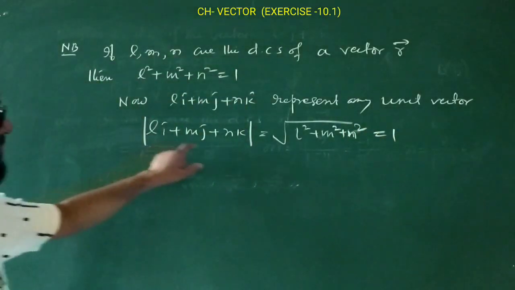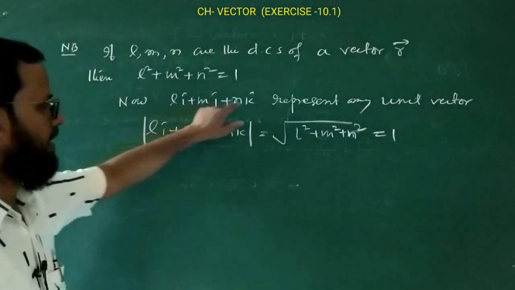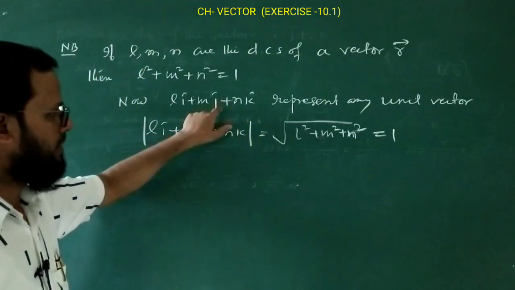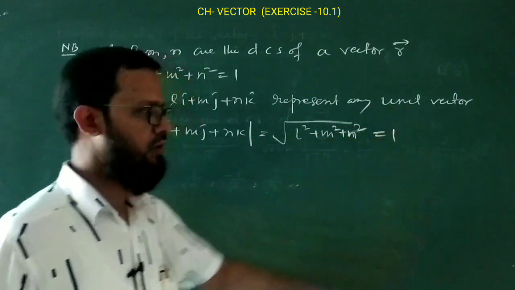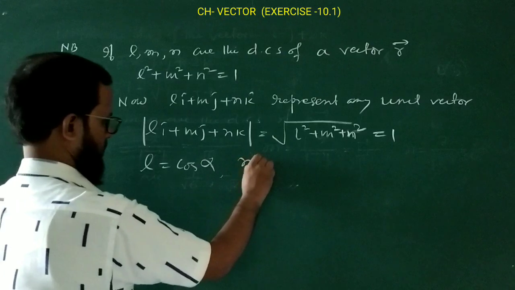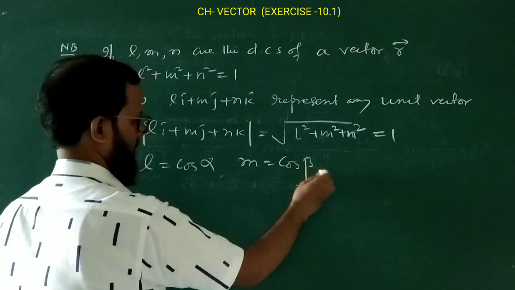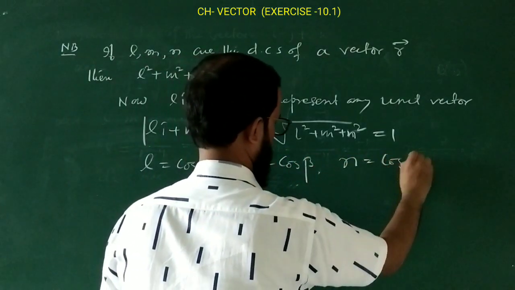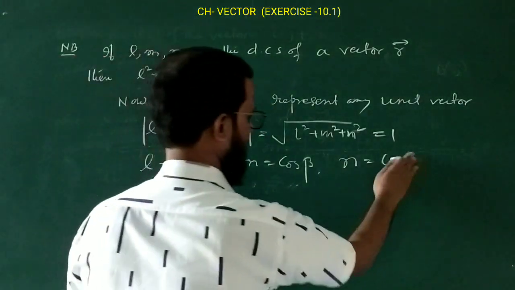Since the magnitude of the vector is 1, it represents a unit vector. Why does it represent any unit vector? Because l equals cos alpha, m equals cos beta, n equals cos gamma.